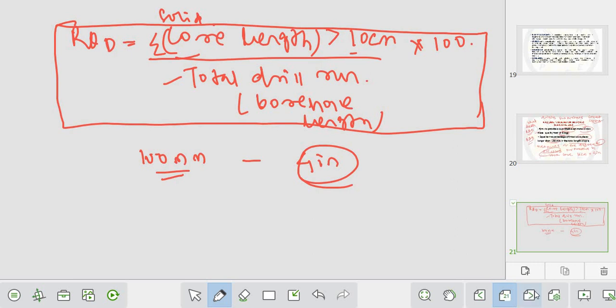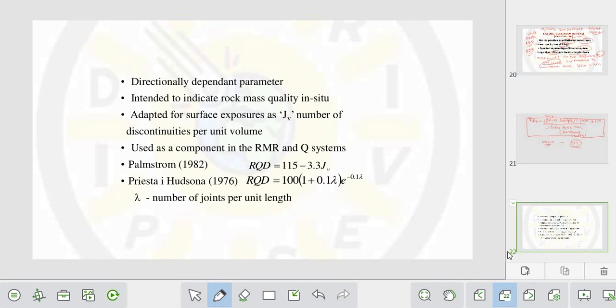Okay, so this is the approximate formula or mathematical expression. This is a directional dependent parameter, don't go into this. So this type of formula you should remember.